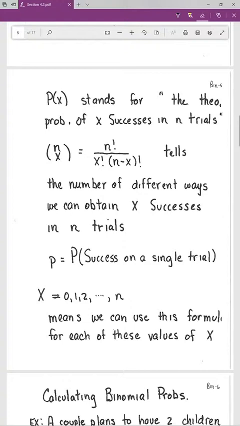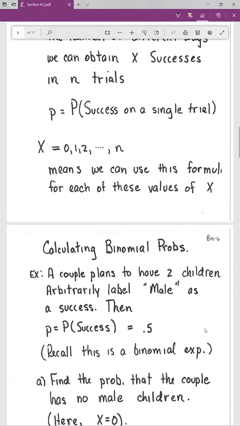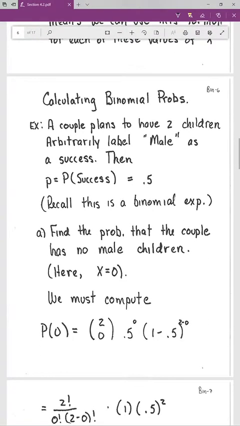Lowercase p is the probability of success on a single trial. So from our coin example, p would equal 0.5 for our x equal to 0, 1, 2, all the way to n. This means we can use this formula for each of the values of x.